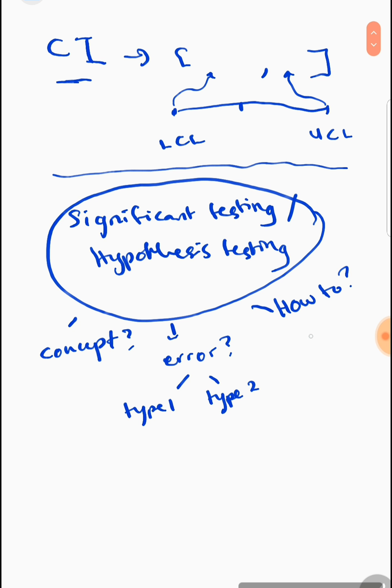And of course, this how-to will be us dealing with the types of test that we have. So the types are divided into two. We have one tail test.